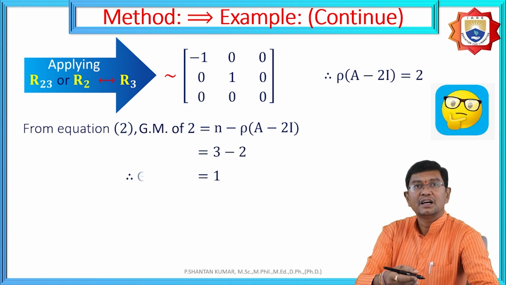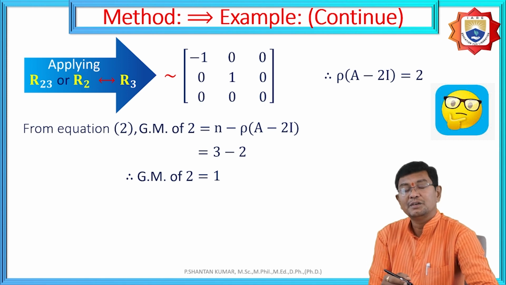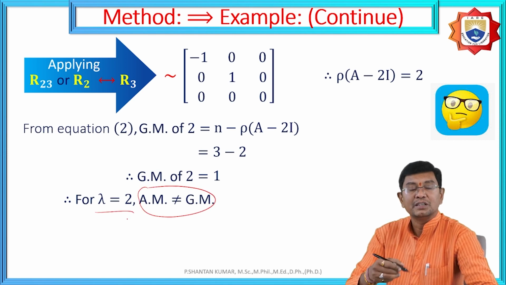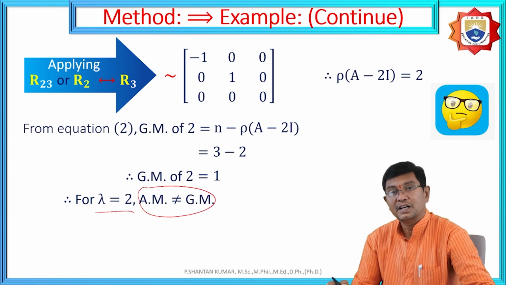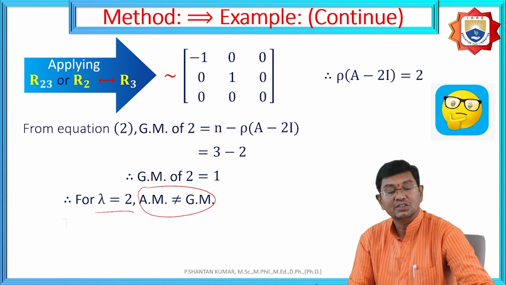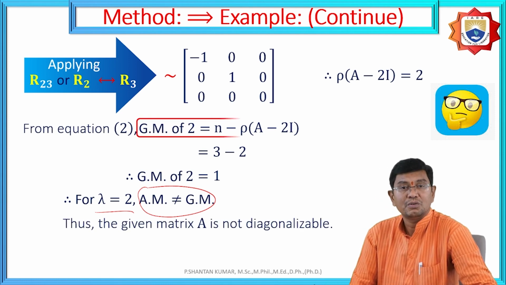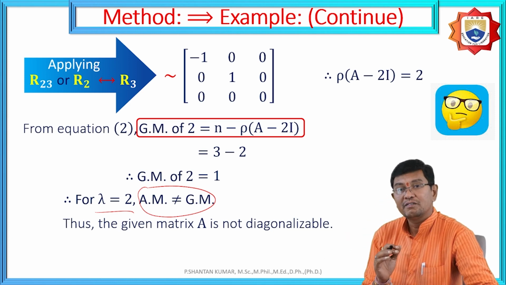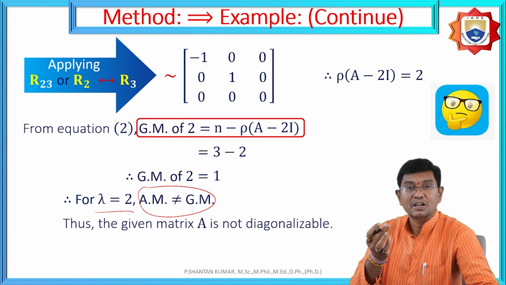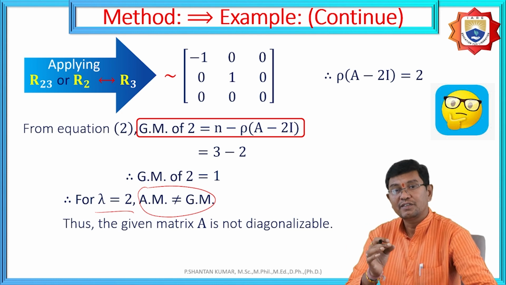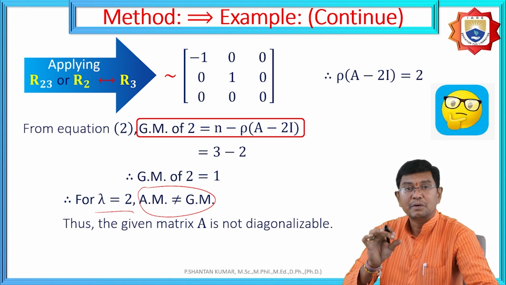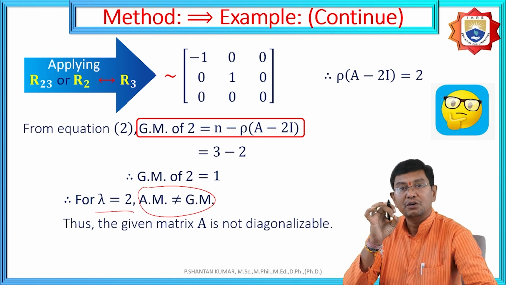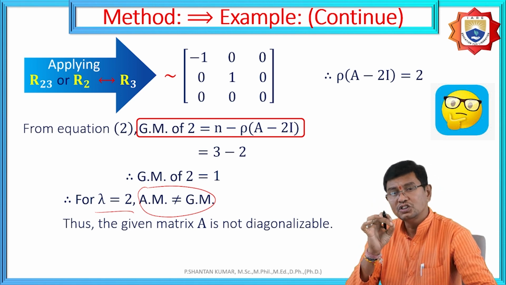But in this problem, AM is equal to 2 and GM is equal to 1. Therefore, AM is not equal to GM, particularly at lambda equal to 2. Therefore, in this type of problem, the matrix is not diagonalizable. According to the working rule of diagonalization, we need to recall that whenever the eigenvalues are different, the matrix is automatically diagonalizable. But if eigenvalues are repeated, for that particular eigenvalue we need to find the algebraic multiplicity and geometric multiplicity.